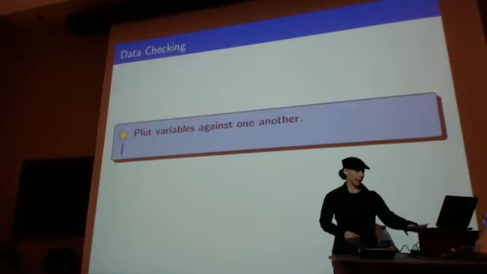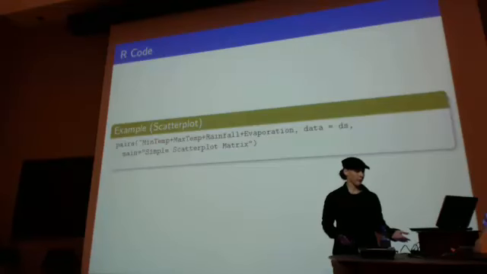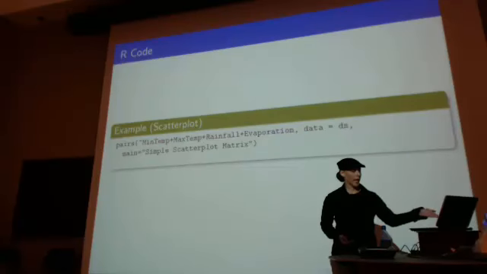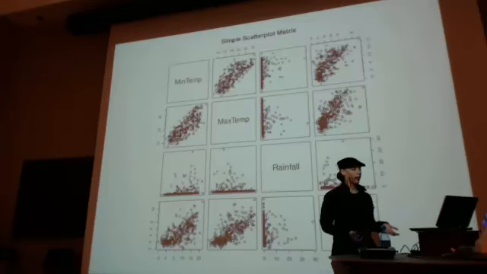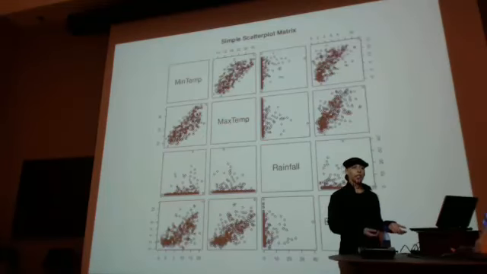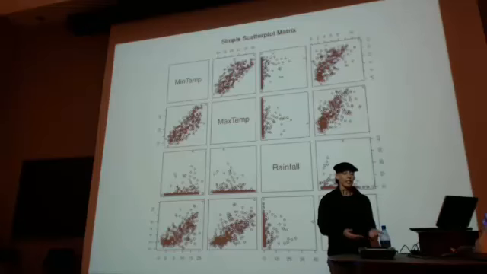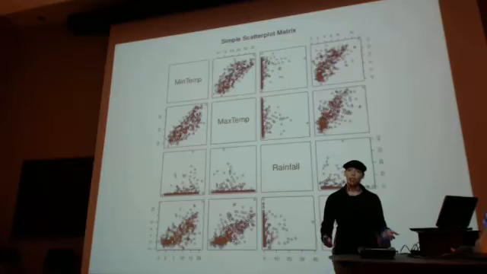And start plotting them, start looking at them, look at the distributions of them, look at how they relate to each other. Once again, R has some really great functions to do this. So pairs: give some variables, give your data set, title it, and you can plot your variables against each other. And you can check, do they have some linear relationship? Do they have some other relationship?